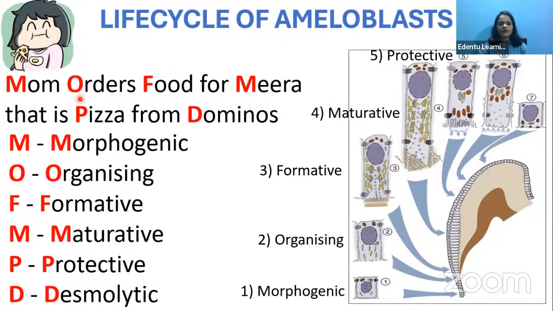Remember this mnemonic: Mom orders food for Mira, that is pizza from Domino's. So it is morphogenic, organizing, formative, maturative, protective, and desmolytic. These are the 6 stages in the life cycle of an ameloblast.